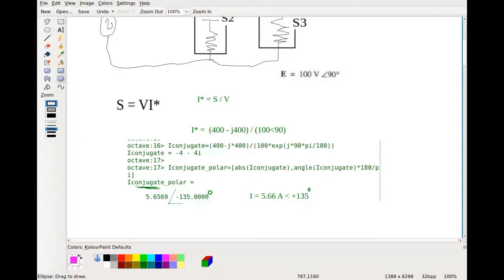So you've got to be very, very careful: when I ask you what is the current, well, this equation was using the conjugate. So whatever your angle came up to be, when I ask for the angle of the current, you better remember the current I is not the conjugate, so you've got to flip that angle.